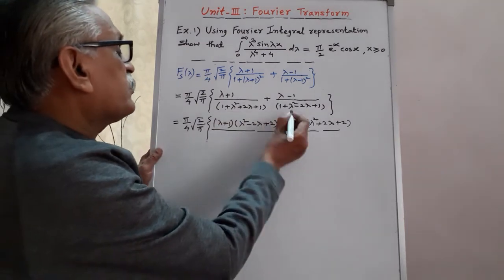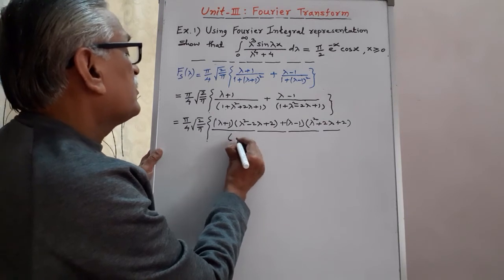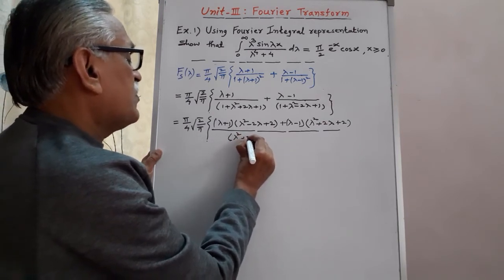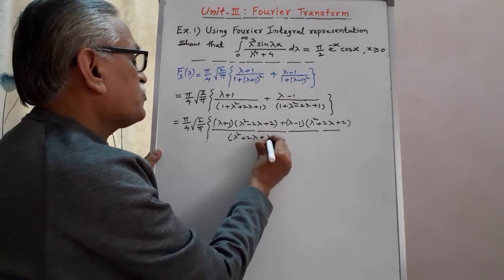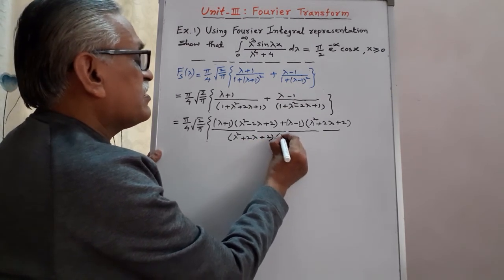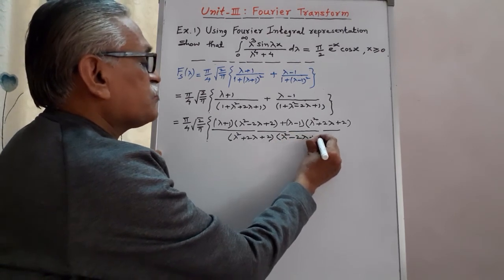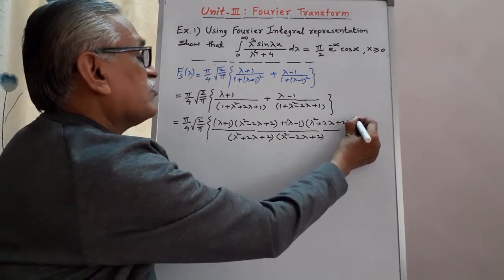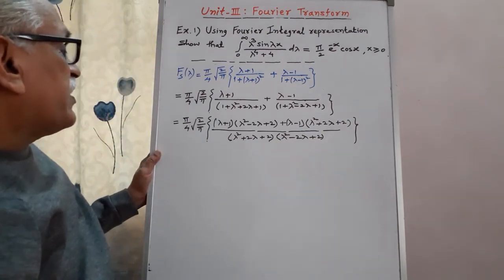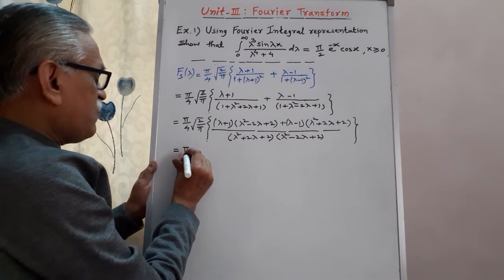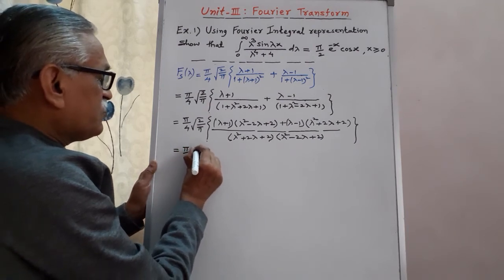And then that product as lambda square plus 2 lambda plus 2 multiplied by lambda square minus 2 lambda plus 2. Okay, and therefore we have pi by 4 into root of 2 by pi.